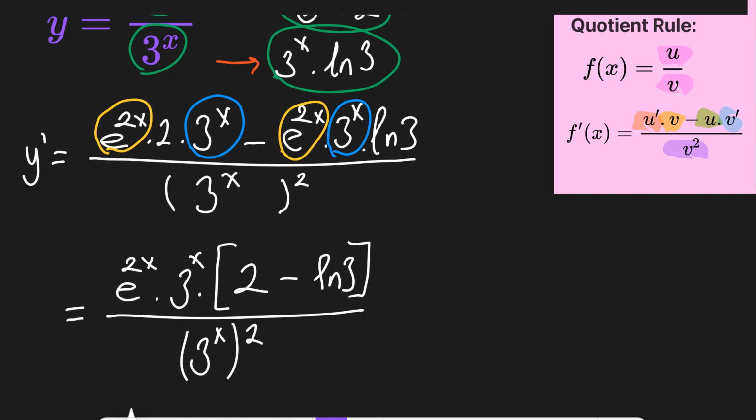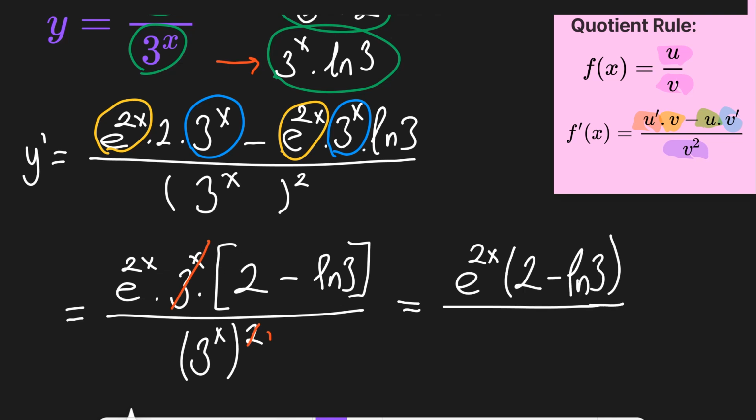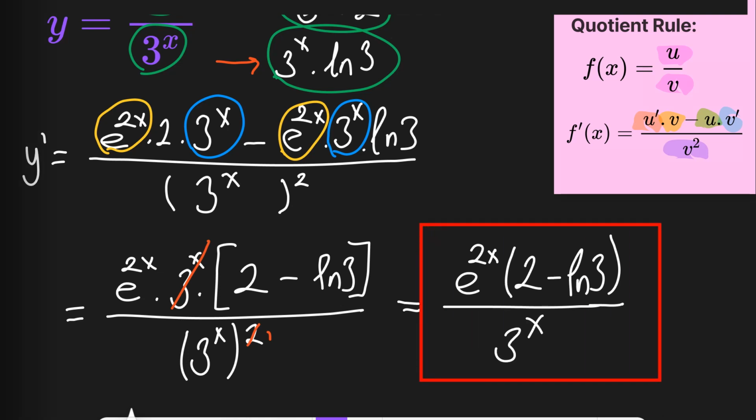Also 3 to the x in both numerator and denominator, reducing them and we end up with 3 to the x in the denominator. e to the 2x times 2 minus natural log 3, all over 3 to the x would be the final answer.